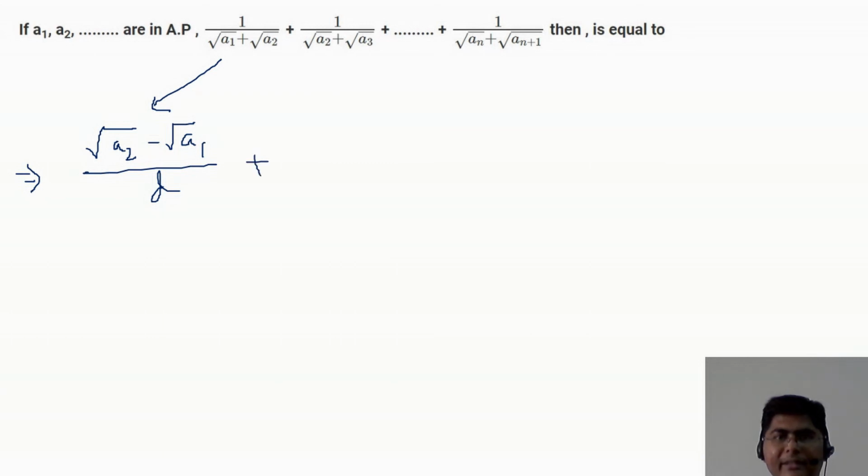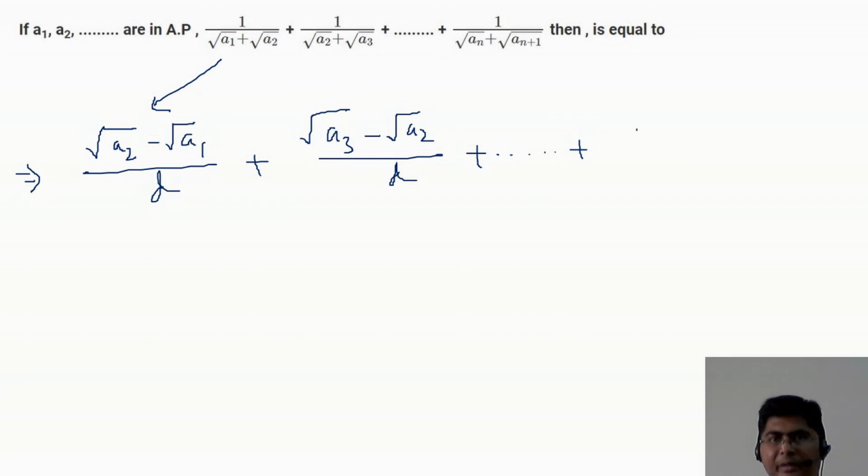Then this will look like root over a3 minus root over a2 divided by d. So plus dot dot dot plus root over a n plus 1 minus root over a n divided by d.